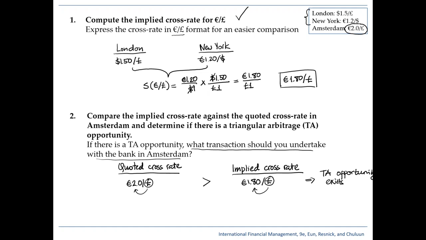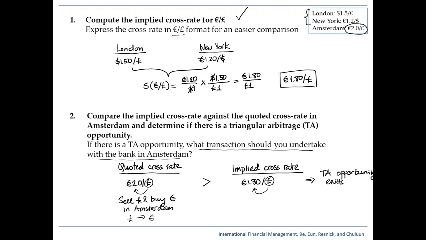So again, we always want to buy low and sell high. So we want to be selling pounds for euros at this higher rate of 2 euros. So this tells us that we want to sell pounds and buy euros in Amsterdam. This means we're essentially going from pound to euro.